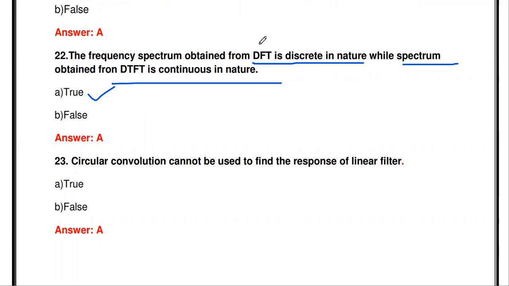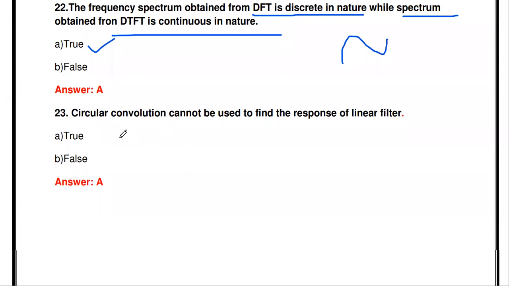The DFT produces the output x of k. The DTFT produces the output x of e power j omega. So the spectrum obtained by the DFT is discrete in nature, but the spectrum obtained from the DTFT is continuous in nature. This is true.